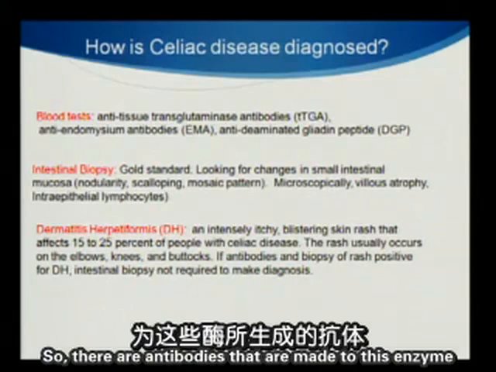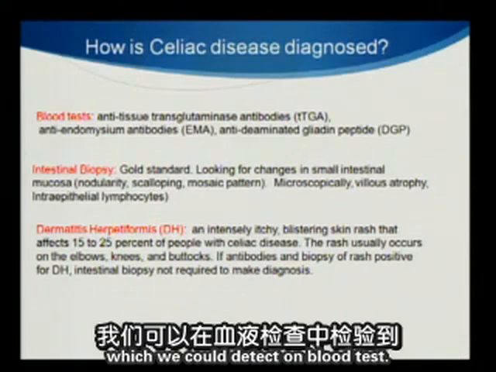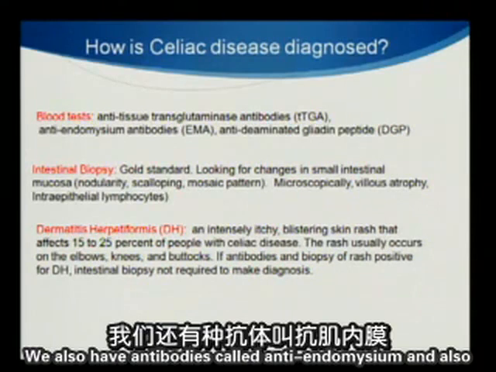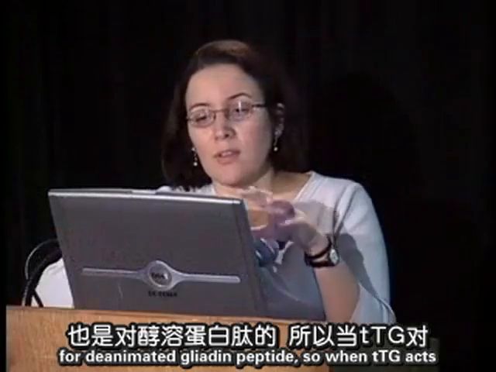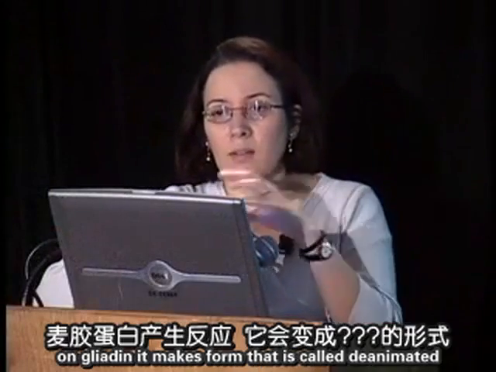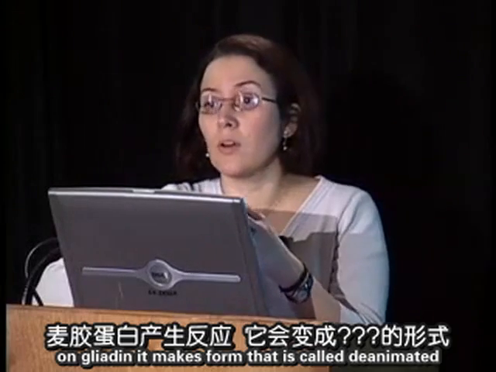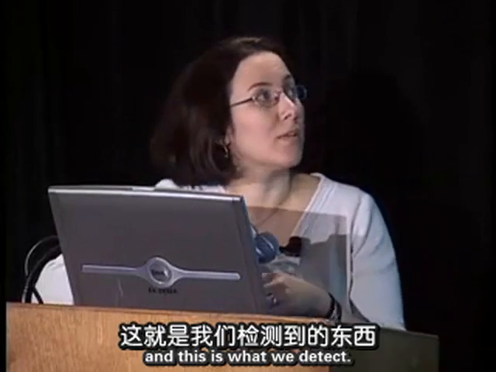So there are antibodies that are made to this enzyme, which we can detect on the blood tests. We also have antibodies called anti-endomysium, and also for deamidated gliadin peptide. When TTG acts on gliadin, it makes a form that's called deamidated, and this is what we detect.